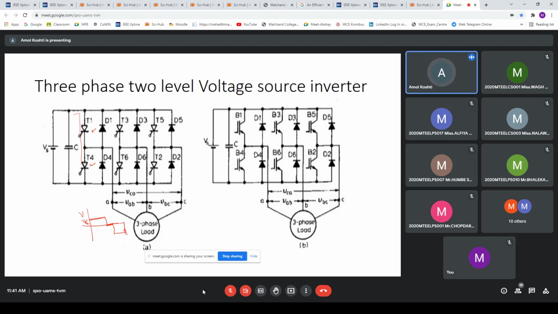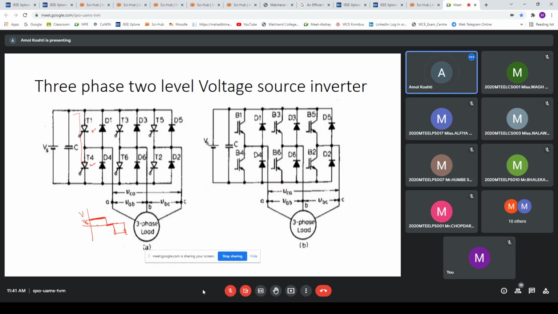The levels are always counted in this way, based on the magnitudes of the output voltages. Here one magnitude is Vs, and the remaining magnitude is zero. You might have a question: in the negative side we also have a magnitude, but that magnitude is the same as the magnitude in the positive direction. So we consider the magnitude only on either the positive side or the negative side to count the number of levels.